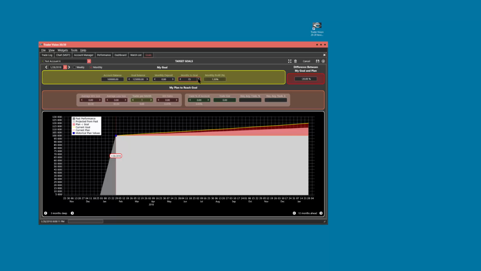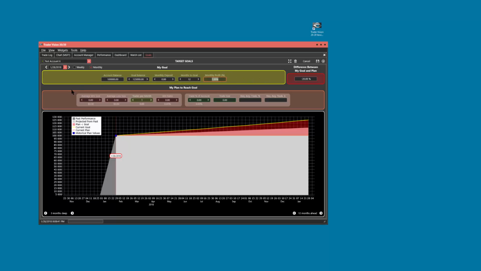So if I give myself a year and a half instead of a year, that reduces the per month amount I need to make. If that seems too conservative for you, cut it down and give yourself less time to achieve that. But for now, I'm going to leave that at 12 months to reach that 25% goal without additional deposits. That tells me I need to make about 1.88% per month, which includes the compounding.